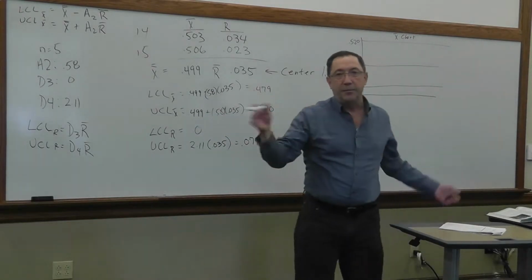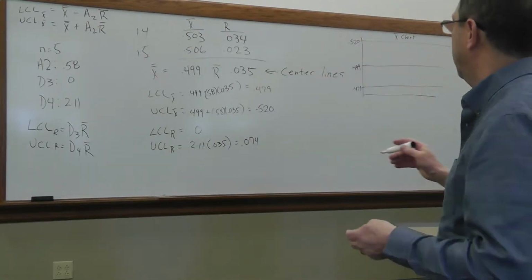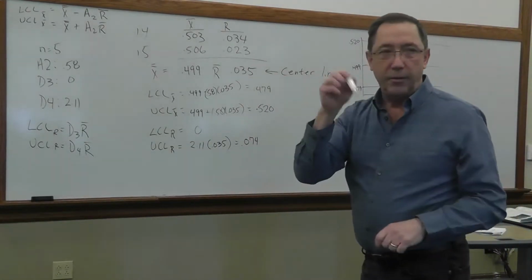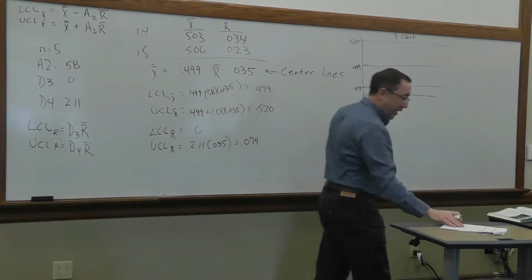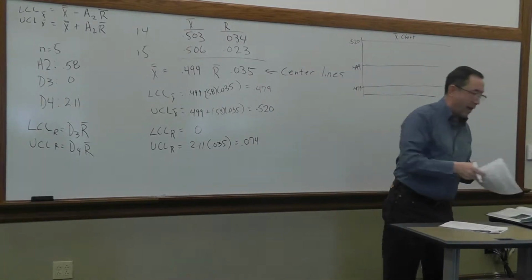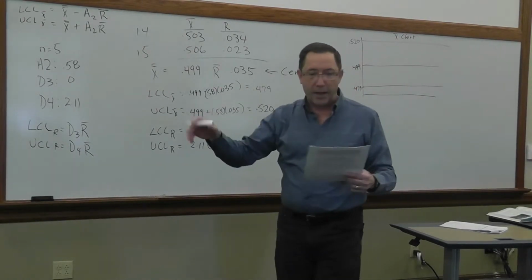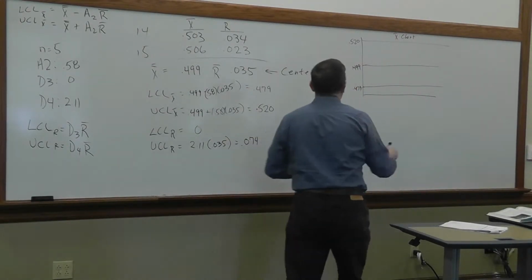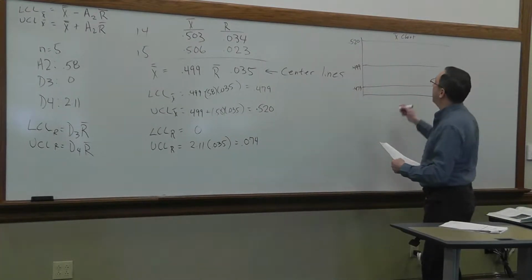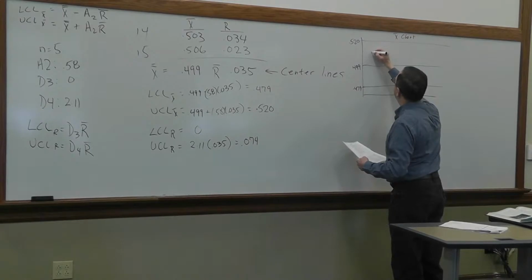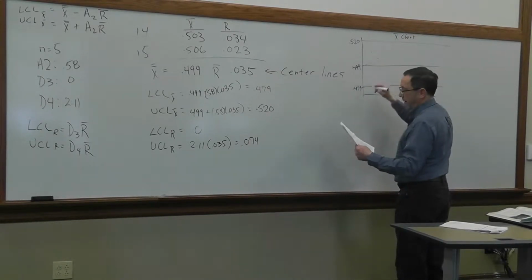And then we would take, and I'm not going to make you do this on the exam, I don't need to test whether you can put dots on a chart and connect it with a line, but you would take your data from the problem and start plotting out where all those X bars end up. So 0.494, there's one right there, 0.509, there's another one up there, 0.504, and so on.